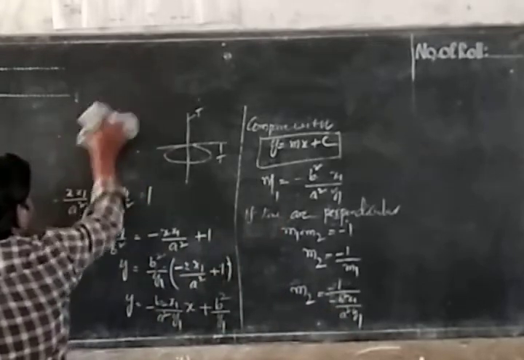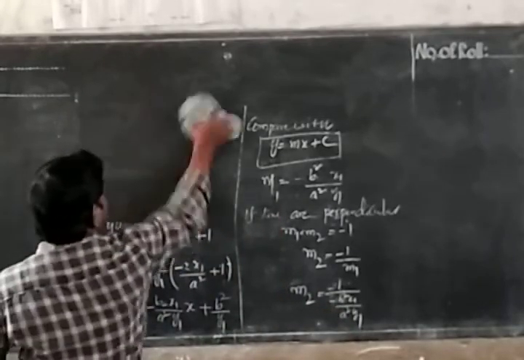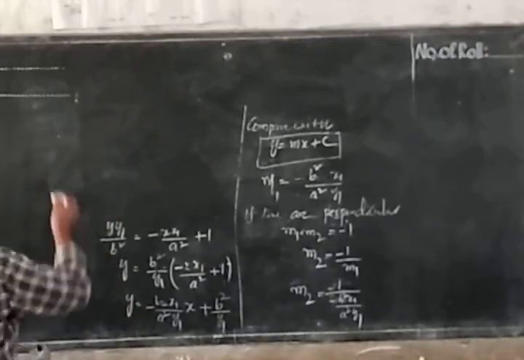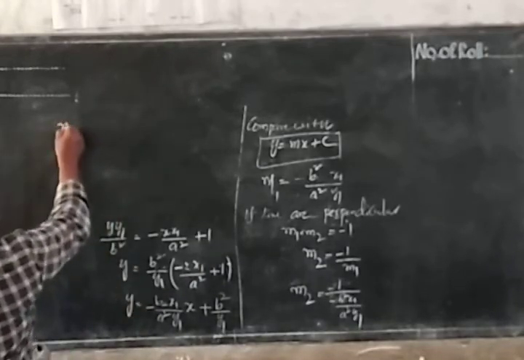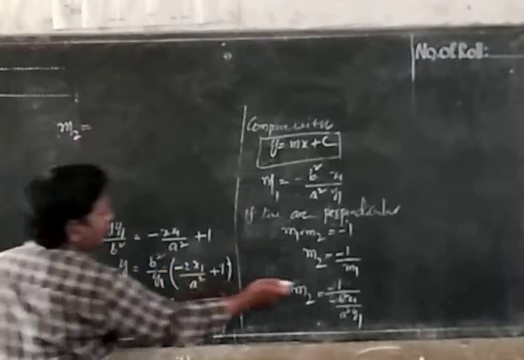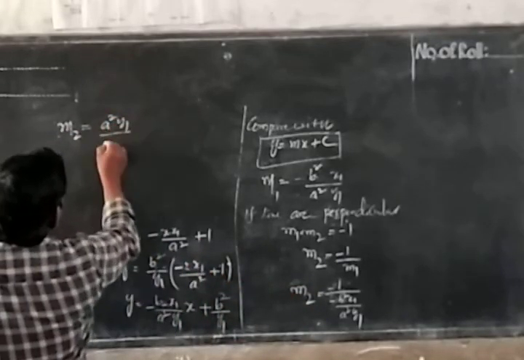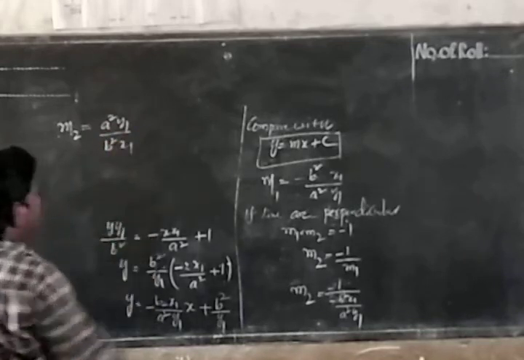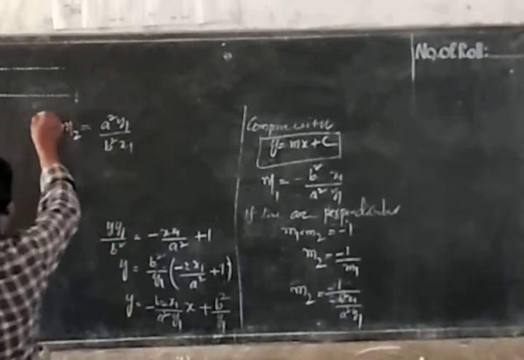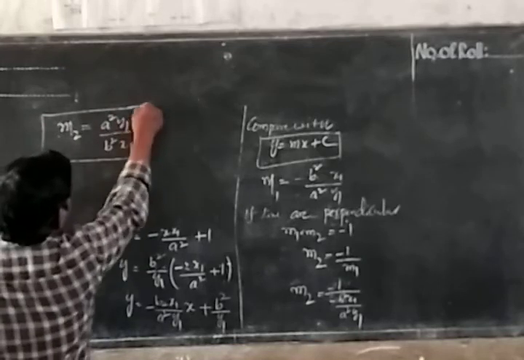Minus into minus is plus, so m2 equal to a square y1 by b square x1. This is m2, the slope of the normal.